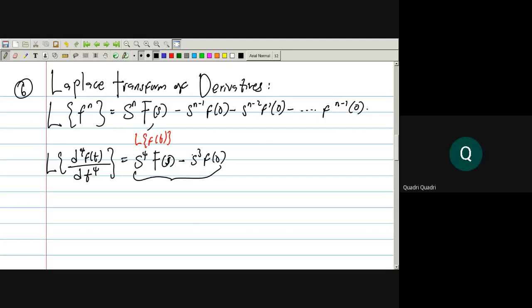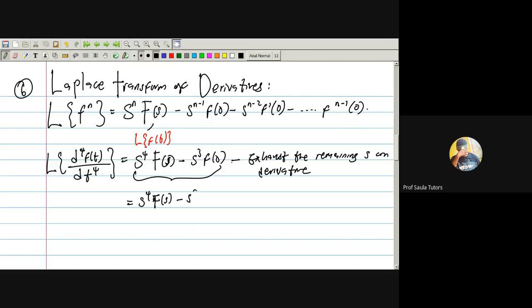Then after that, exhaust the remaining s on derivative. What do I mean? This s to the power 4, F of s, minus s cubed f of 0, then minus s squared f prime of 0, minus s f prime prime of 0.